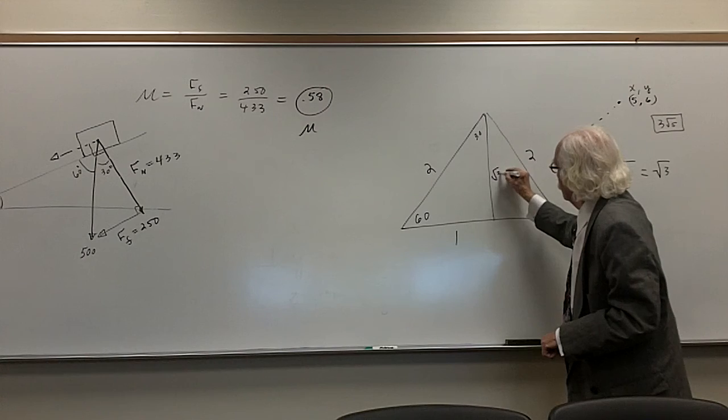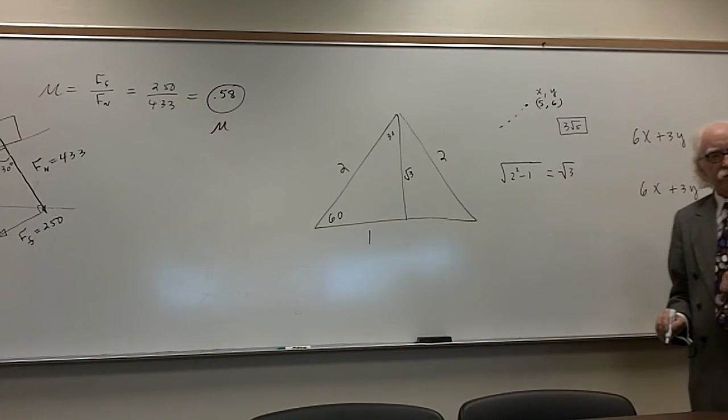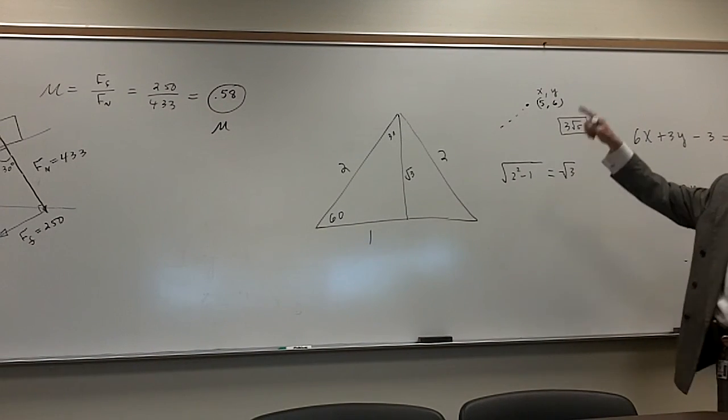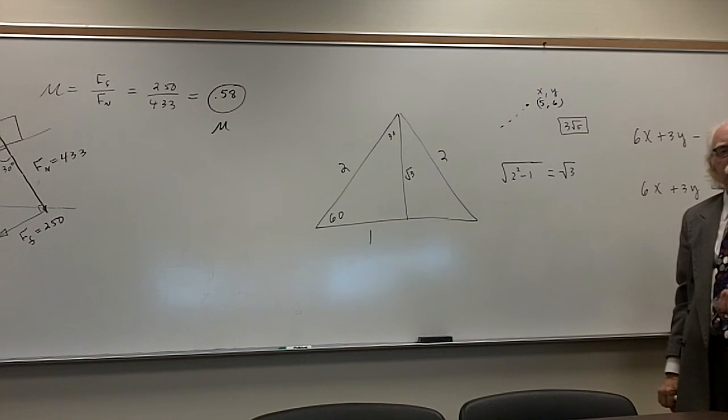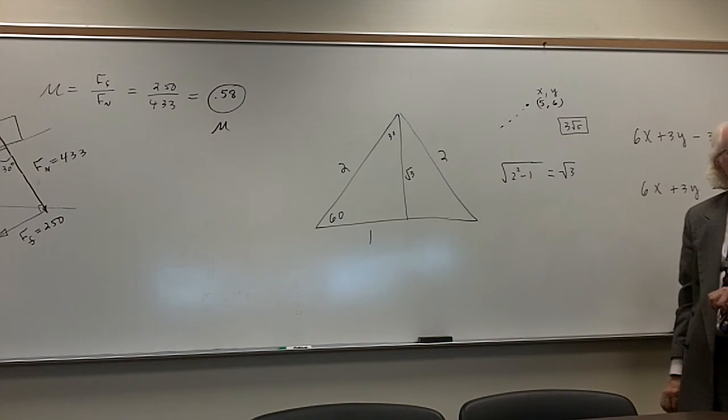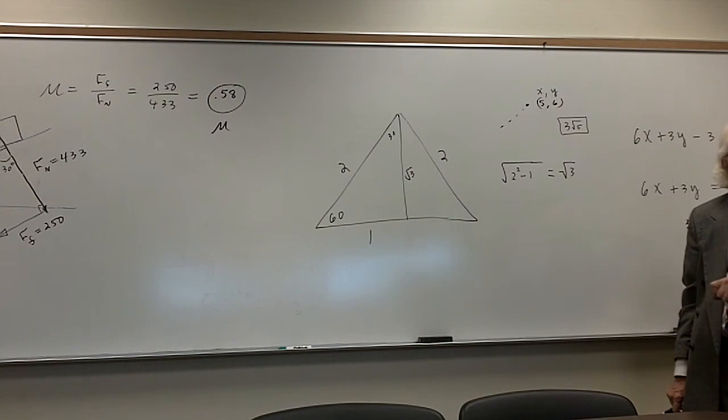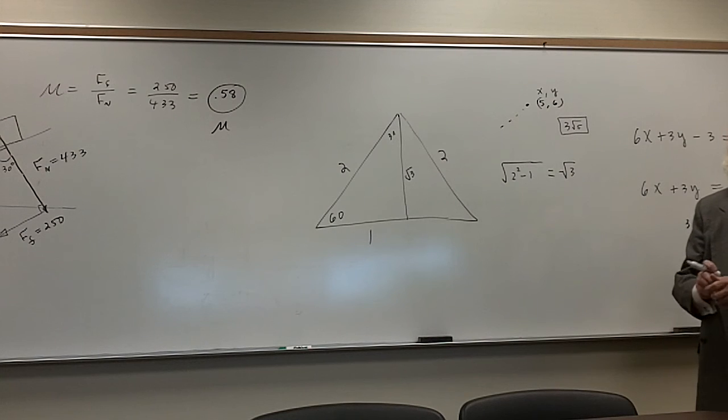Does everybody see that the height of that triangle is the square root of 3? Some of you can't because you got your mind somewhere else. I can't help you.